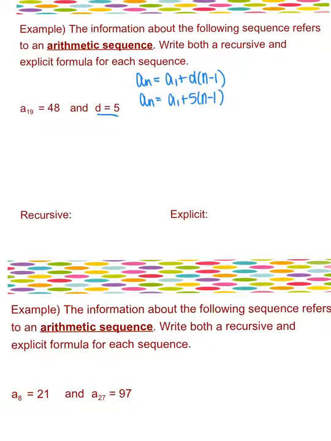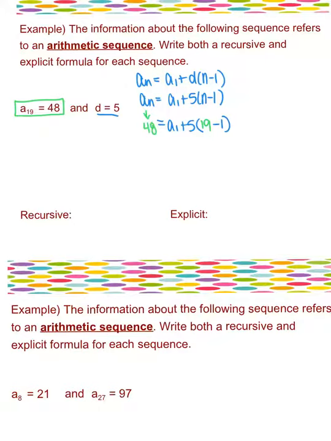I'm plugging this in. And now what I'm going to do is plug in this term value. So a sub 19 is 48. And that equals a sub 1 plus 5 times my n value, which when I'm at 48 is 19, minus 1.